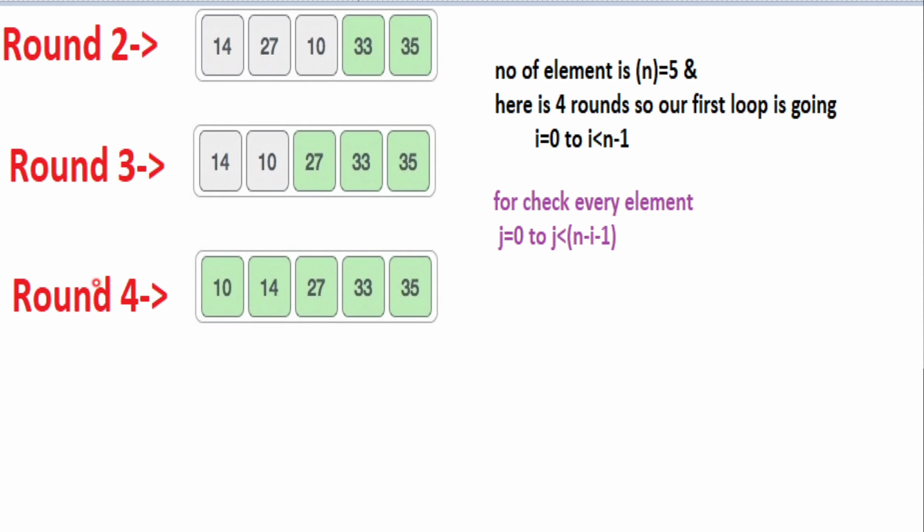So we found that our number of elements n is equal to 5, and here we find 4 rounds. For 5 elements, we have to calculate 4 rounds. So our first loop goes from i equal to 0 to i less than n minus 1.